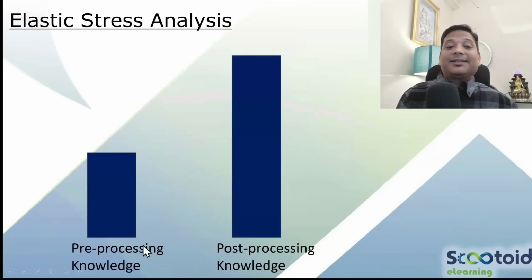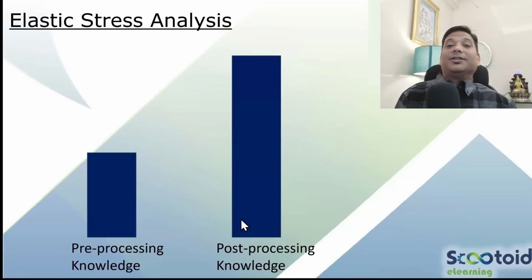In the elastic stress analysis, the pre-processing knowledge is creating the model in analysis, adding the properties of the material, doing the meshing, then finally applying the boundary condition and applying the loading. That is called pre-processing, and processing means you just run it in the software. That portion is not very critical and can be done comparatively easily, but the post-processing is where you have to put lots of mind to analyze.